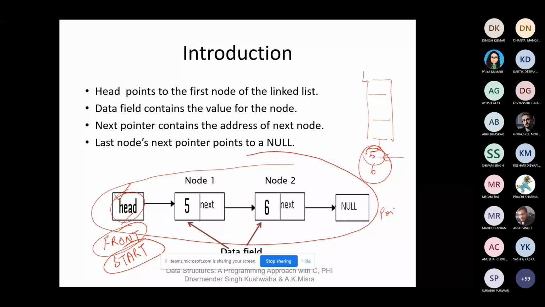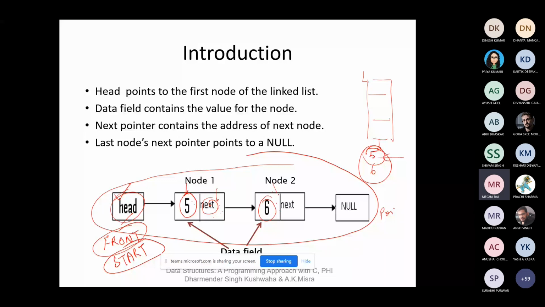The 5 is present in the data field, and the next field contains the address of the next node. The next node is the node which contains the value 6, so it contains the address of this node. Now you can access from this one.